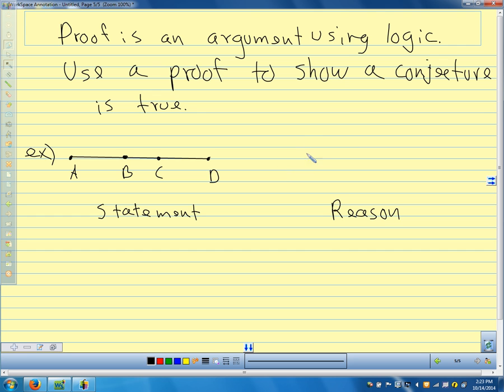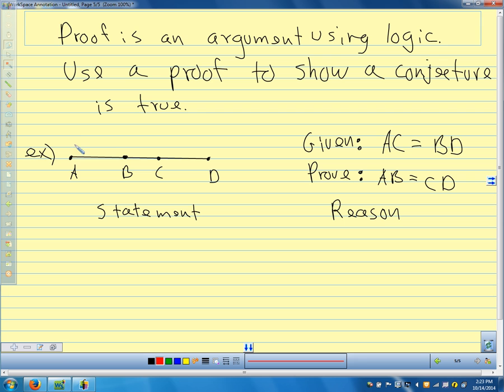All right, and we are given proof. We start with some information. The given information is what we know. So we're given that AC equals BD. We want to prove that AB equals CD.